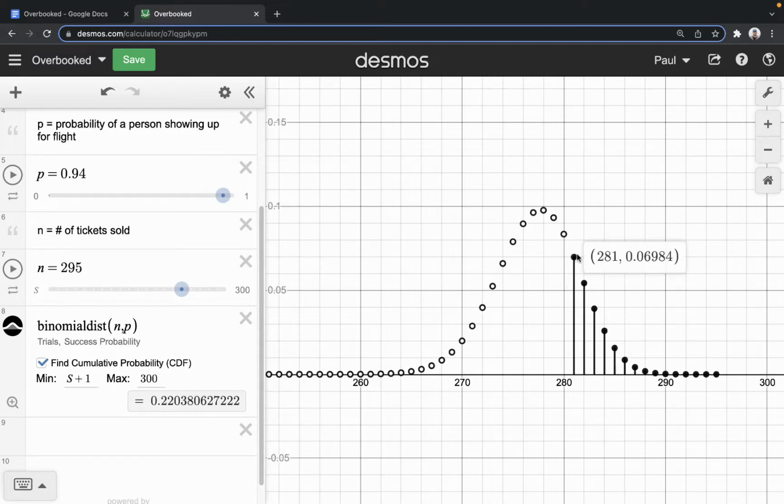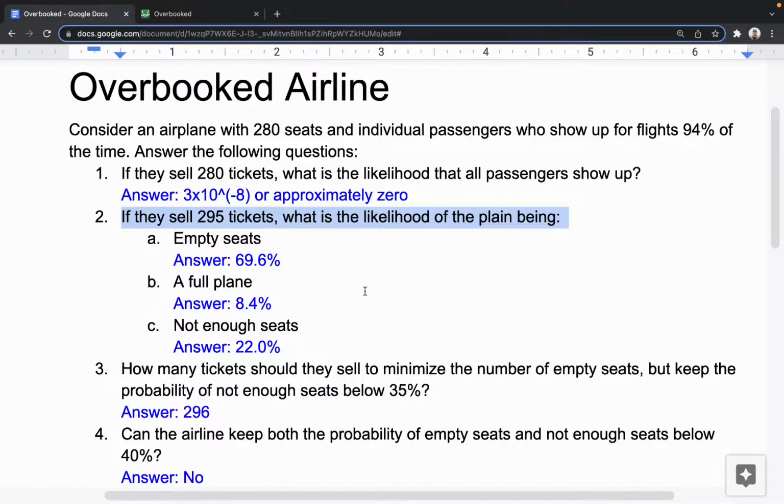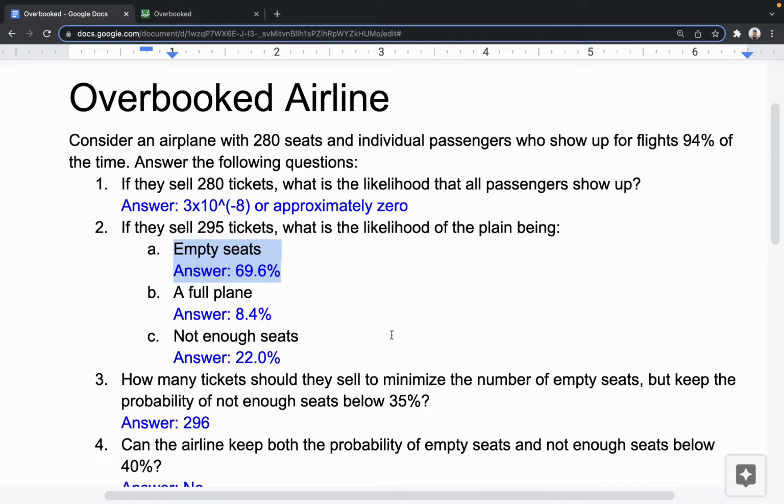So this would be one too many people show up, then they have seats, two too many, three too many, adding all those up, it's about 22% chance there. So overselling by 15 tickets, it's still way more likely that they're going to have empty seats, which means they might oversell by 20 tickets or even more than that on a big plane like this.